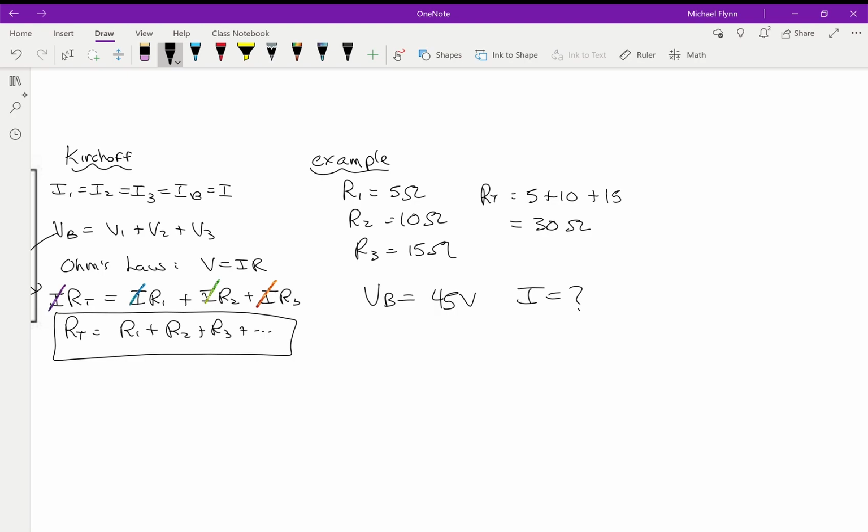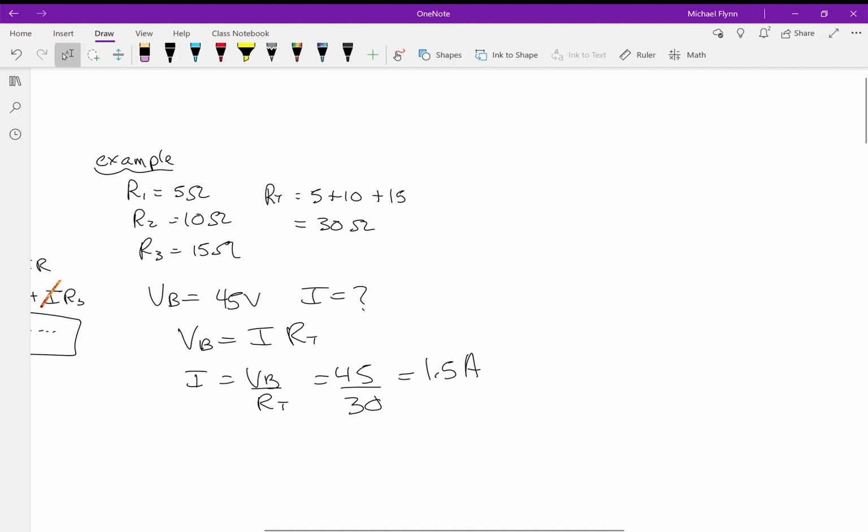Well, you just use Ohm's law, where the voltage in the battery is I times the total resistance. So V is equal to IR, therefore I would equal the voltage in the battery divided by the total resistance, which is 45 divided by 30, and that is 1.5 amps.